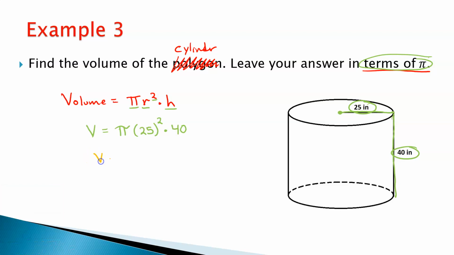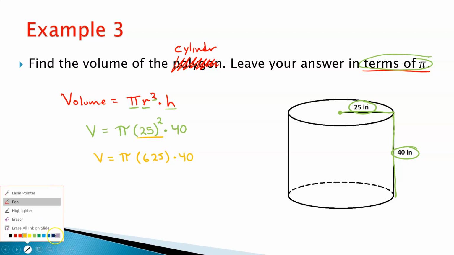So let's take this piece by piece. What I would do first is leave pi the way it is, but I would work out this little section here. What is 25 squared? 25 times 25, if I do that on my calculator, gives me 625. And we're, of course, going to multiply that by 40.